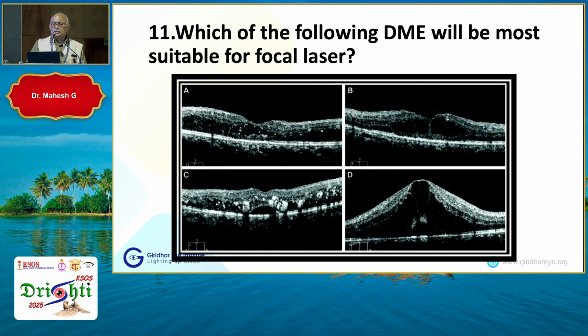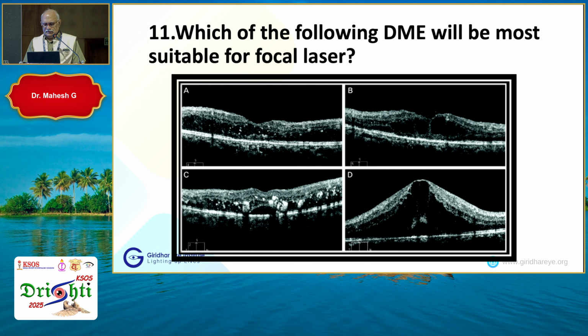Which of the following DME will be the most suitable for focal laser? Focal laser. Okay, a lot of hard exudates. Cystoid changes. Cystoid with serous macular detachment. And this is spongiform.